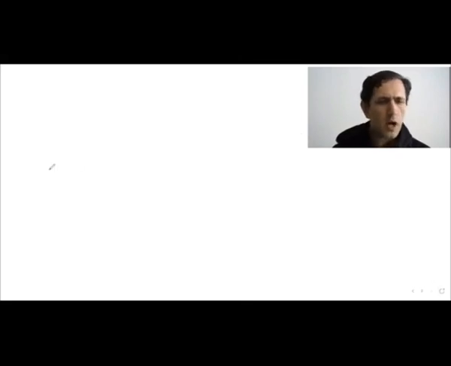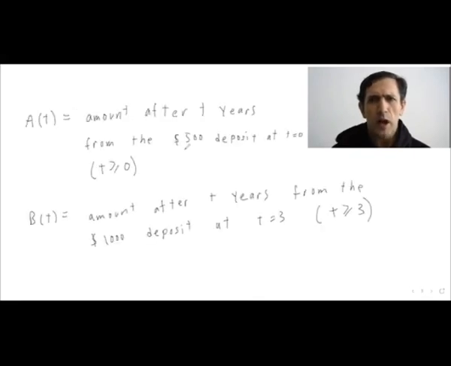Okay, so for A of 6, we're going to use our formula, and I'll remind you of the formula in a second, but we definitely need this integral here, 0 to 6. And just to make clear, this right here is my only deposit whatsoever, just considering the $500 deposit and seeing how it grows.